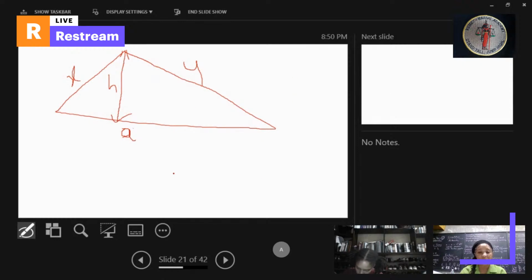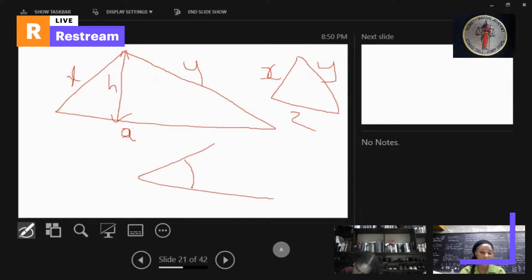For Heron's formula, that's if they give you all three sides. If you know all three sides, you don't know any angle, you don't know the height inside, but you know all three sides, you can use Heron's formula. The half AB sine C is if, for example, it's a triangle, you know the length of A, you know the length of B, you know the angle between them, right?